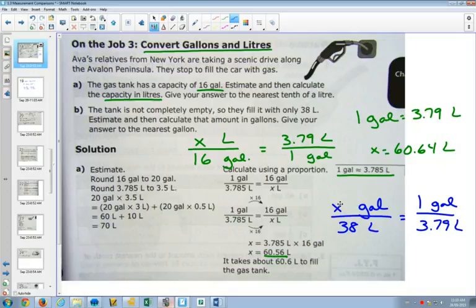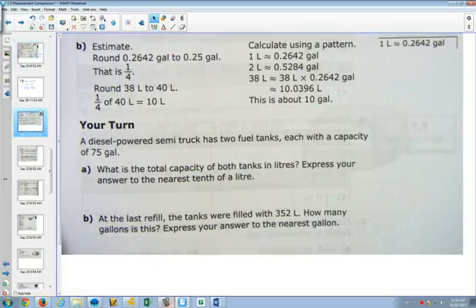So you'd go 1 divided by 3.79 times 38, and you get 10.03 gallons. Again, our answer is just slightly different than their answer. They got 10.04, which is about 10 gallons.